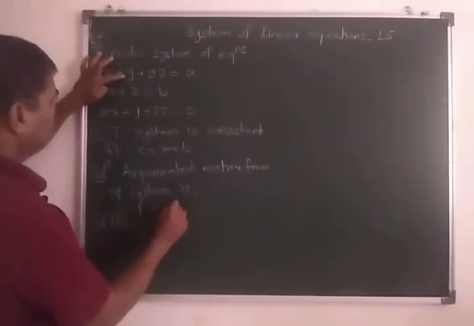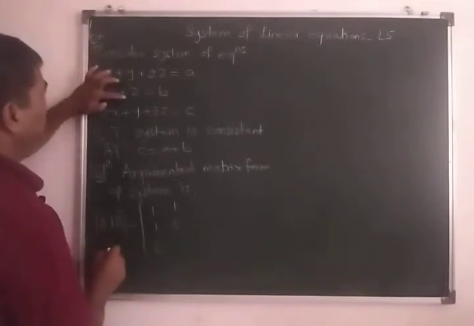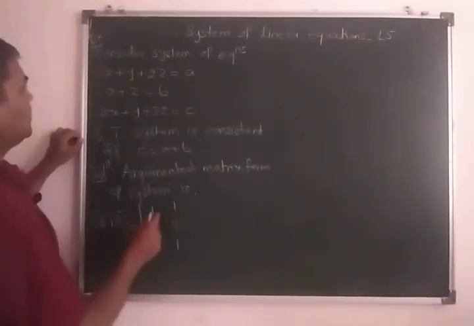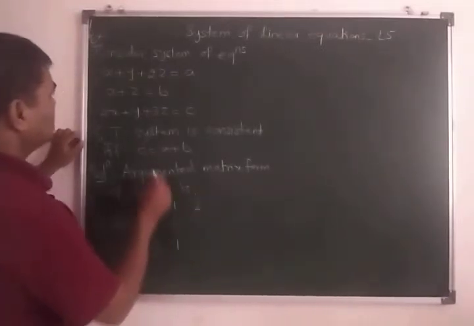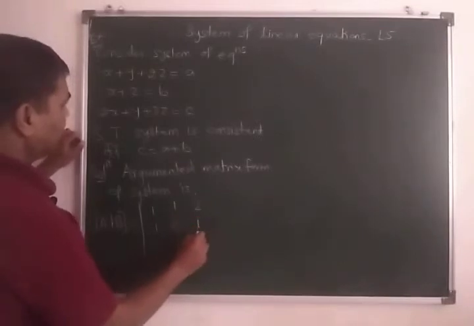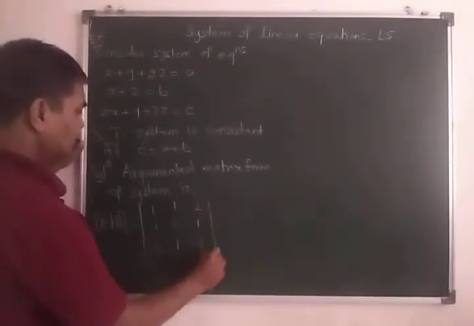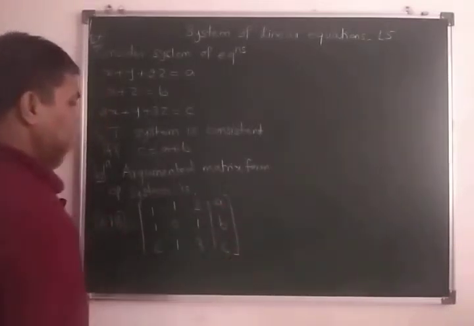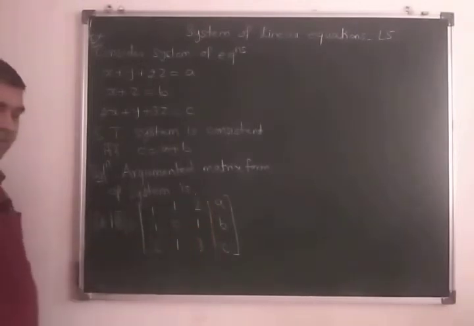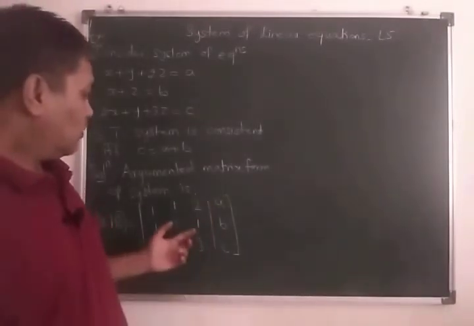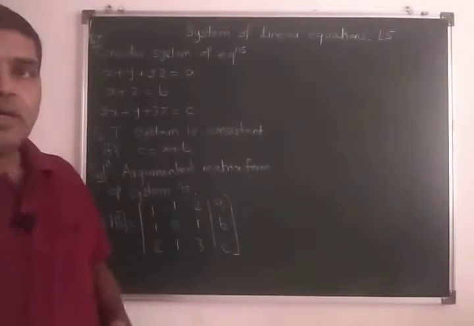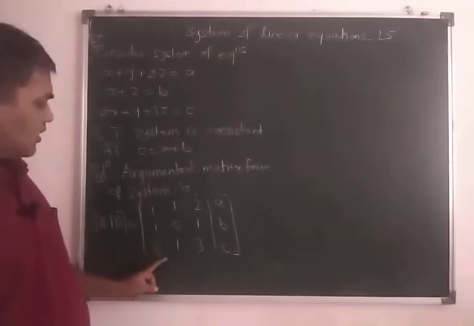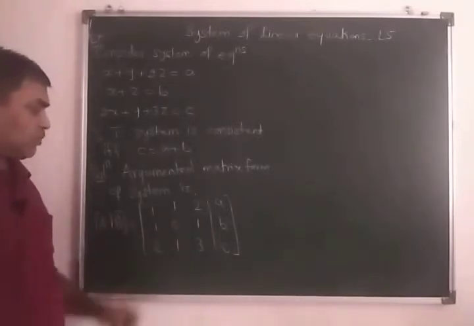Okay, so this is 1, then in the second equation the y term is absent, so its coefficient is 0, then 1. The next one 2, 1 and 3, and here it is a, b, c. In some books in augmented form this vertical line is not given. In our book Elementary Linear Algebra by Howard Anton, this vertical line is not put there. So this is the augmented matrix form of the system.